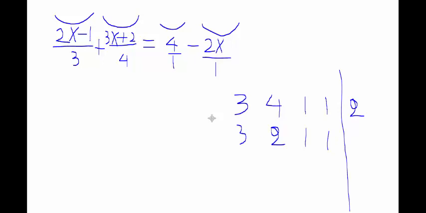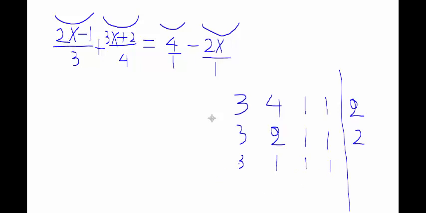Now, next thing is we're going to go again. 2 is going to be the smallest prime number. 3 divided by 2 does not divide. 2 divided by 2 is 1, and the same 1 and 1.